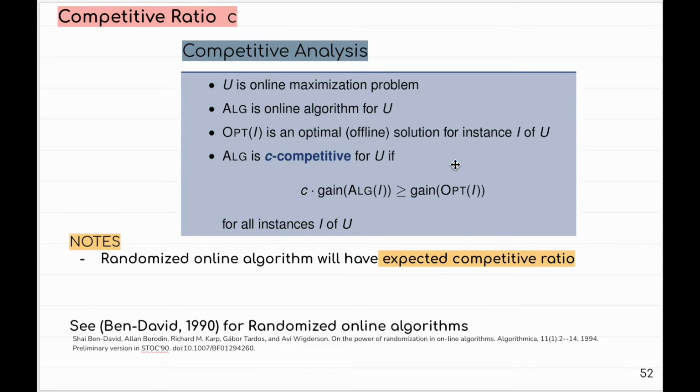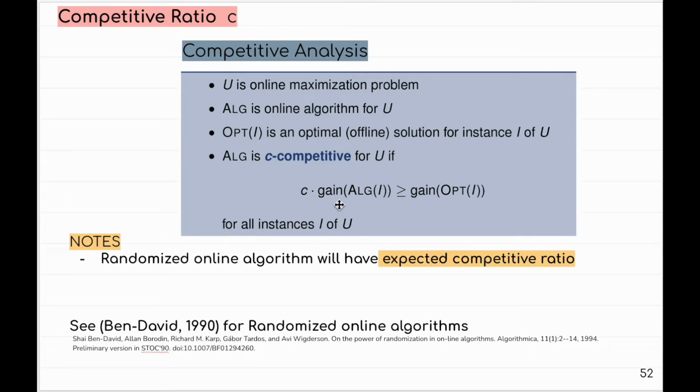So basically you can just divide yung opt I and alg I natin to get some C. Depending on whether it's a maximization or a minimization problem, your C is either a value that is close to 1. Pwedeng bumaba sa 1, pwedeng mas mataas sa 1, depende kung minimization or maximization siya. Pero ideally, if your gain of alg I and gain of opt I is close sa isa't isa, then you have a C that is close to 1.